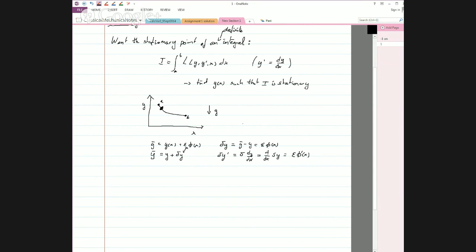Delta y is this thing here. If I take the derivative with respect to x, epsilon doesn't depend on x, then I get phi prime. So let's remember these, as we'll use them very soon.